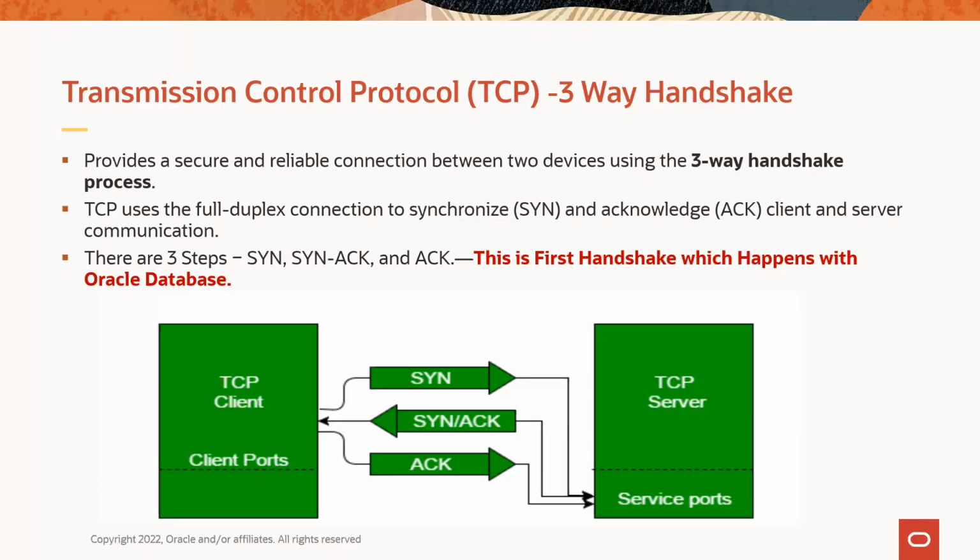What you need to know is that this first handshake just makes sure the port is open at the database server level and there is no network issue between the client and the server. The route is clear. I'm able to connect to the database, the database sends the SYN-ACK, and for that I send the acknowledgement. My three-way handshake, the first step to connect to the database, is completed.